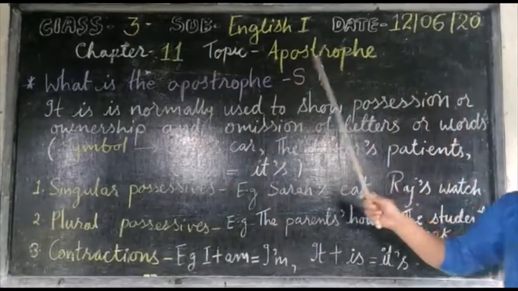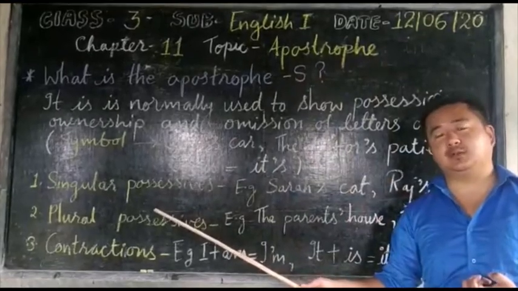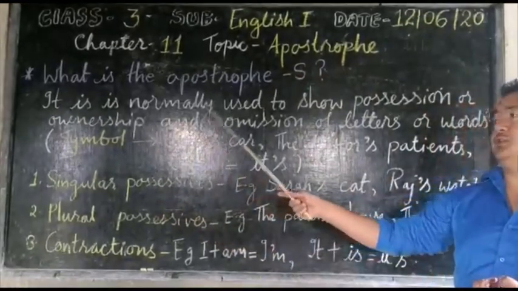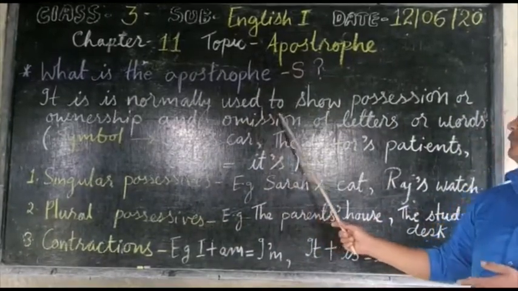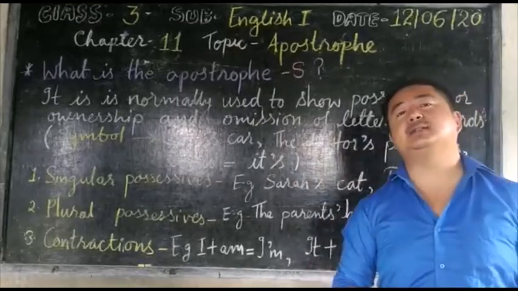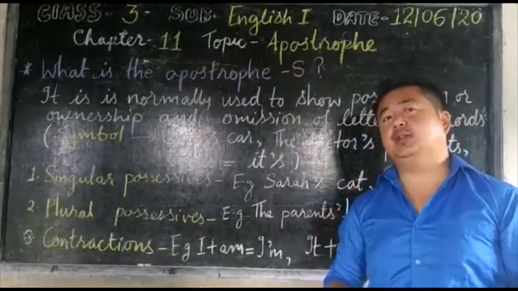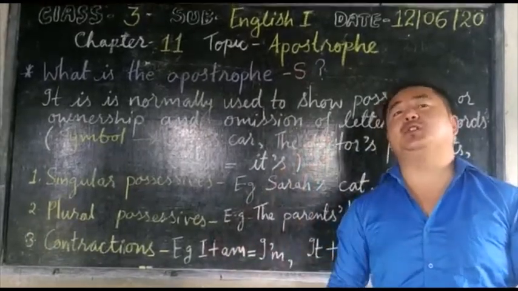Possession means ownership, that someone owns something. And you can omit, that is, remove some letters or words, or join two words as one. In those cases you can use an apostrophe.